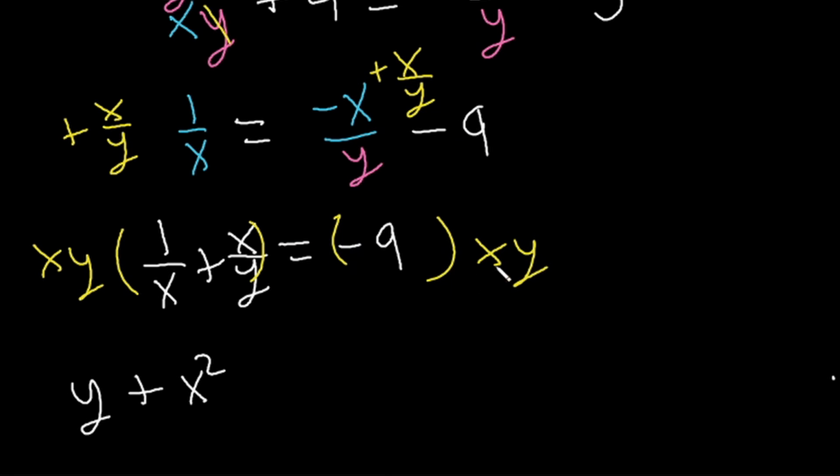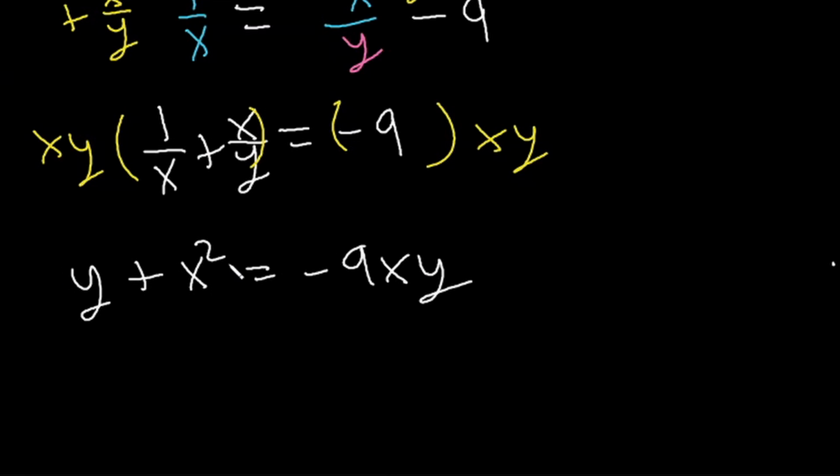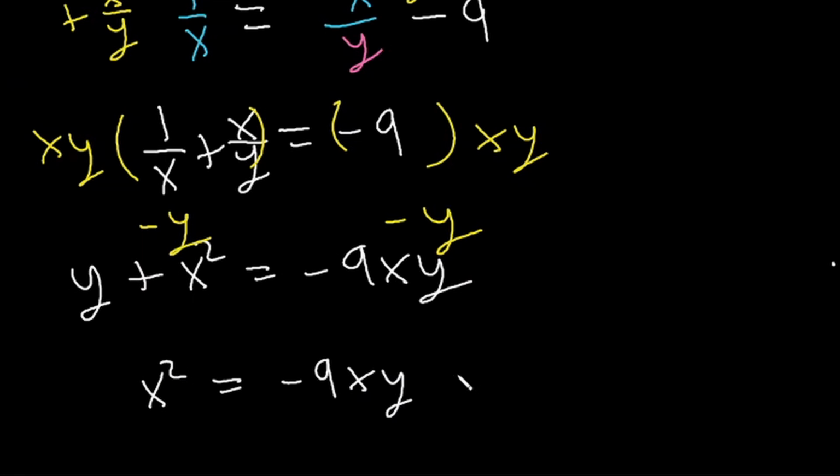Negative 9 times xy is just going to be negative 9xy. Now, if we subtract a y on both sides, we can move all our y's to one side. So if we do that, we'll have x squared is equal to negative 9xy minus y.